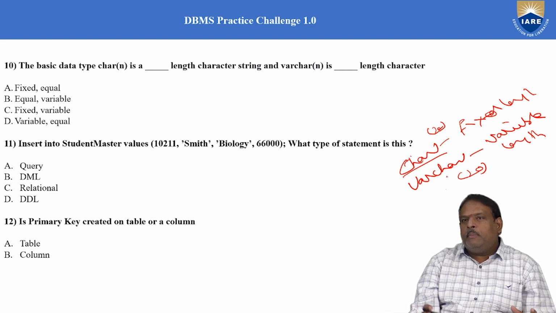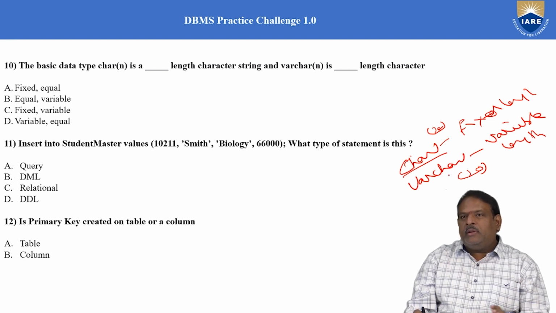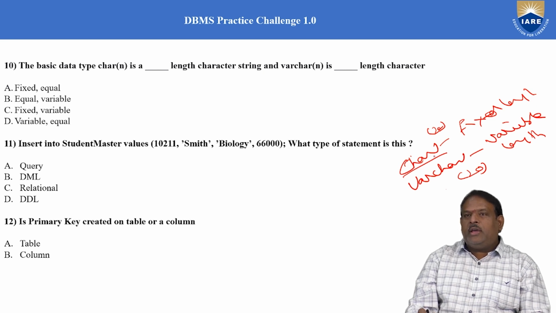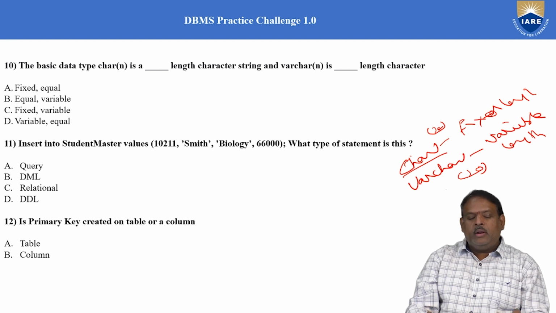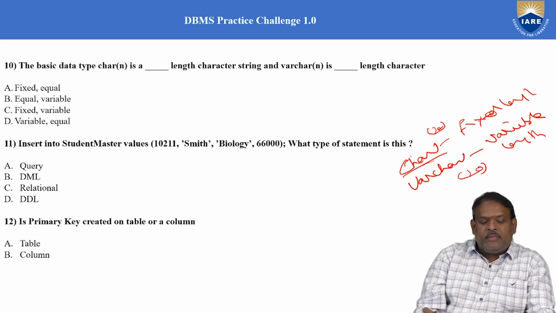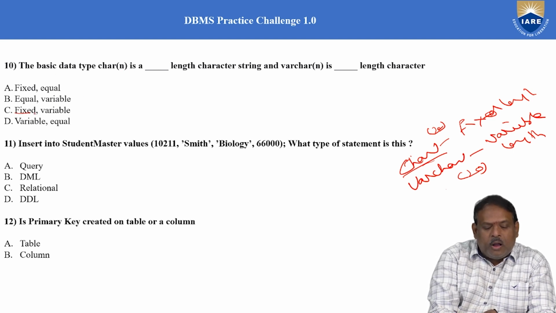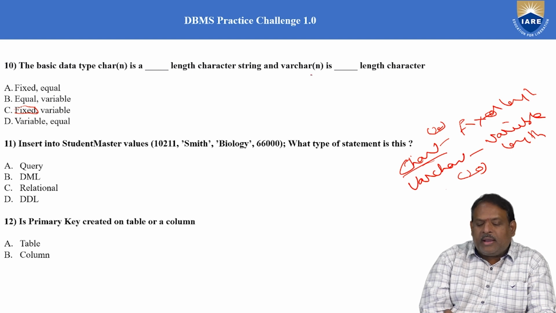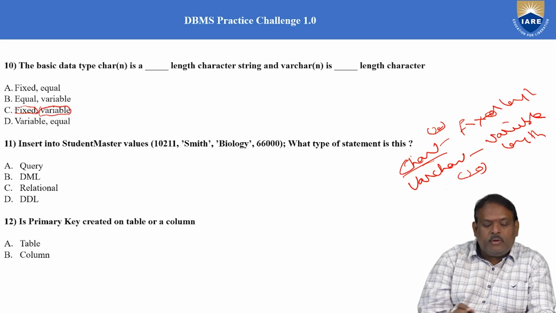If you use 10, only 10 is consumed. But with char(20), if you use 10, the remaining 10 is not released to memory. So char(n) is fixed length, and varchar(n) is variable length, that is option C.